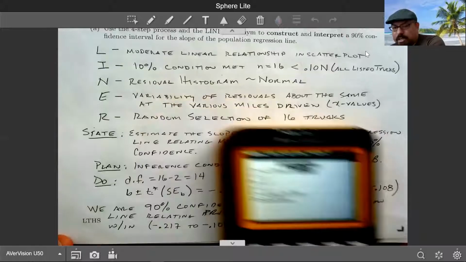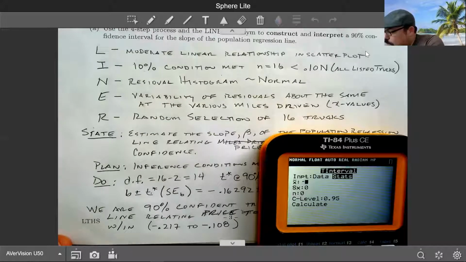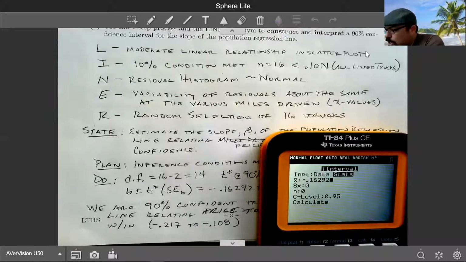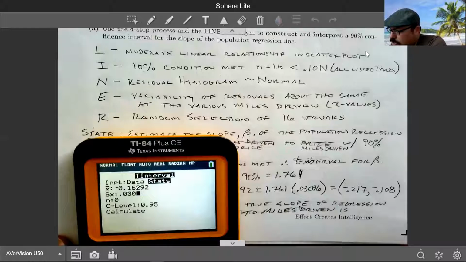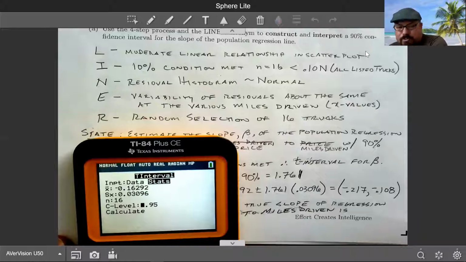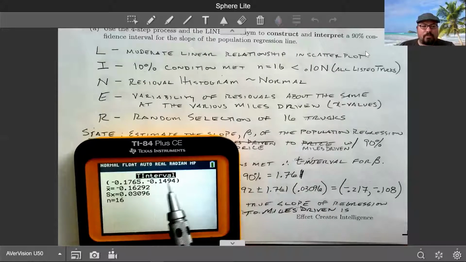The statistic that we found was negative 0.16292. The standard error of our statistic was 0.03096. Sample size was 16. Confidence level 0.90. Calculate this, boom.